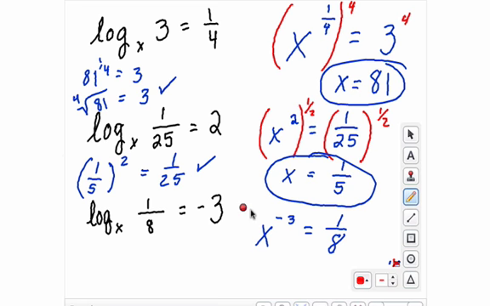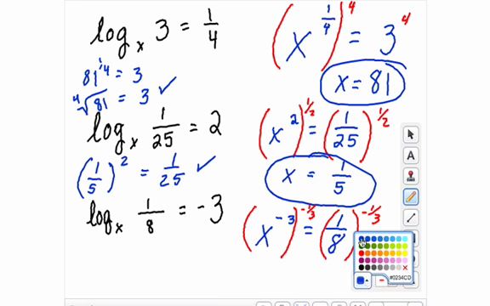We raise it not just to 1/3, but to a negative 1/3 power. We have to do the same thing to the other side to keep both sides equal. Negative 3 times a negative 1/3 is a positive 1, so that gives you an x over here.